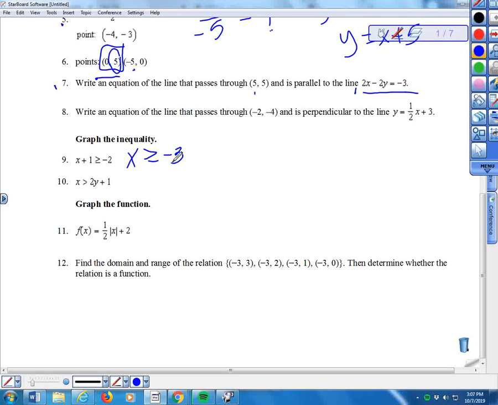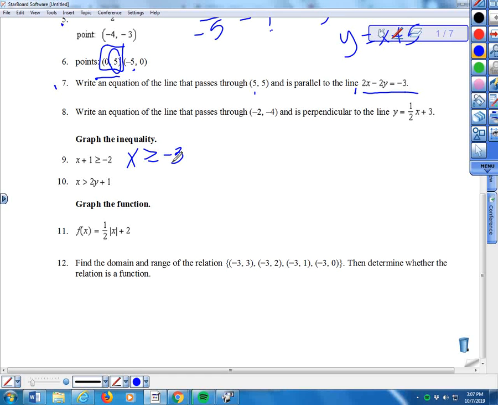The second step, figure out whether that line needs to be solid or dashed. It's going to be solid. The third step, I guess you could say, is plug in a number and determine which side makes it true. And then the 4th step would be to shade that side.